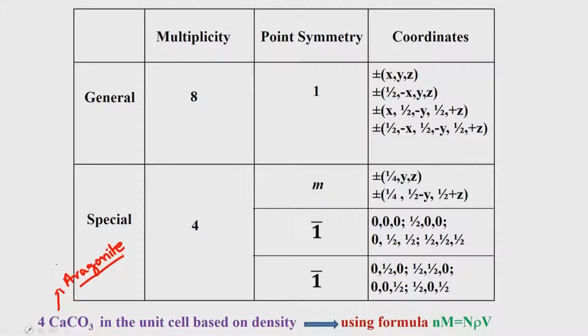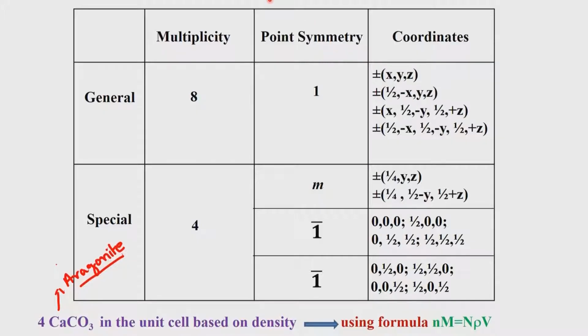So, calcium therefore can have 4, that can be 4 calciums, 4 carbons and 12 oxygens, and as we discussed, the distribution among the various types of symmetry elements in the unit cell is possible. Now, how do we find out how many molecules are there in the unit cell?